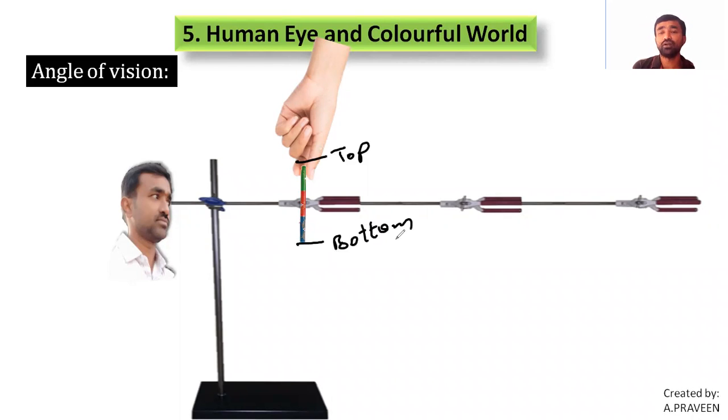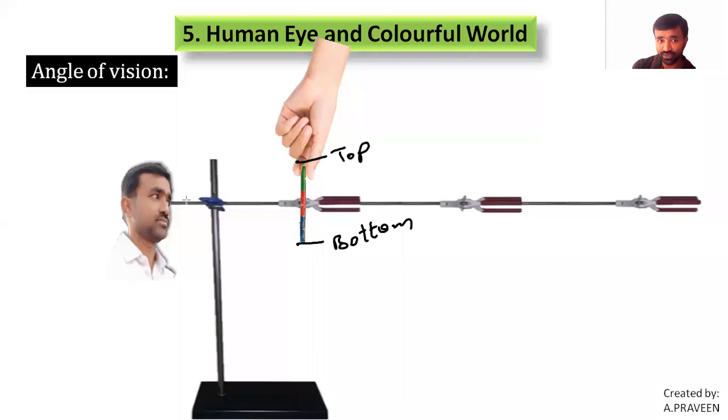Then how to observe? Not like this, once observing the top, once observing the bottom. Don't change your view. Your view is completely fixed along the horizontal rod.